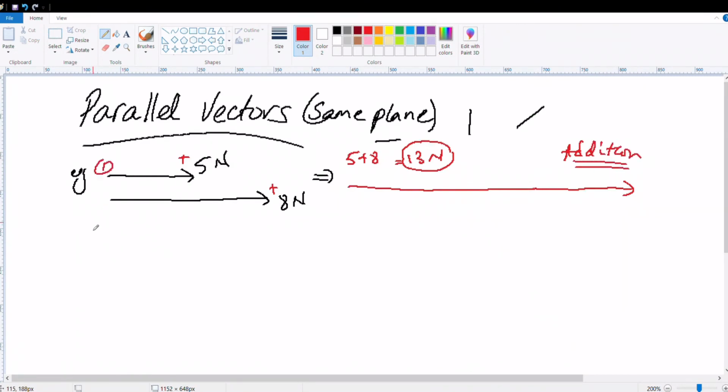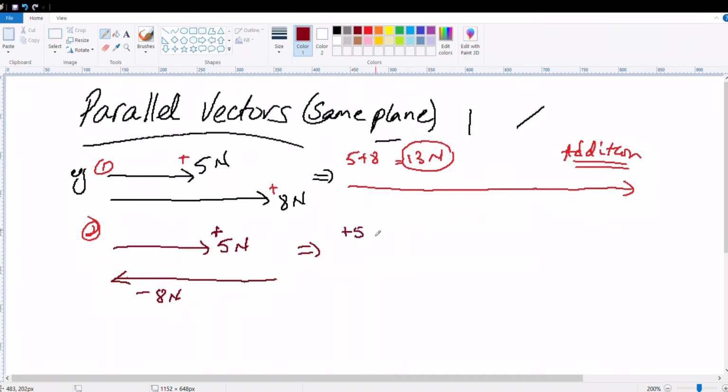Another example is, let's say, we have two vectors, same 5 and 8 newtons, but they are in opposite directions. I'm using a horizontal axis just to help us out. We can set, as we said, positive as the right direction. We can take our negative direction as left. And what we do, we add them as you would in mathematics.